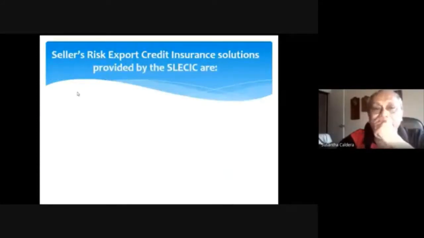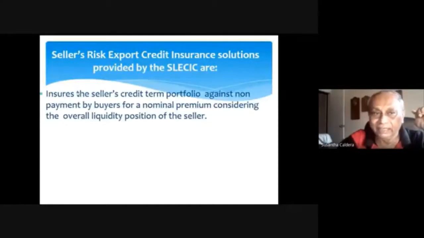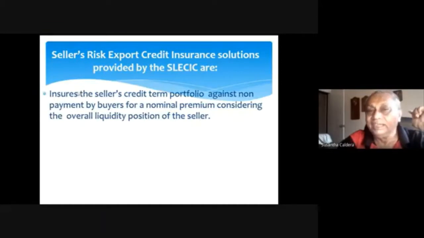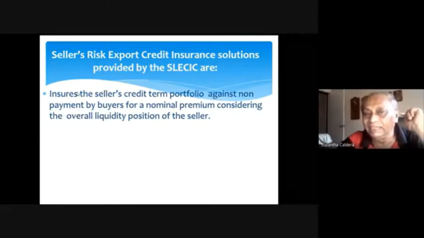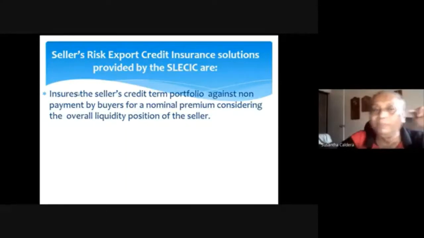Seller's risk, export trade insurance solutions provided by SLESIC, insures the seller's credit term portfolio against non-payment by buyers for a nominal premium, considering the overall liquidity position of the seller. The bank covered insures the seller's credit term portfolio against non-payment by buyers.